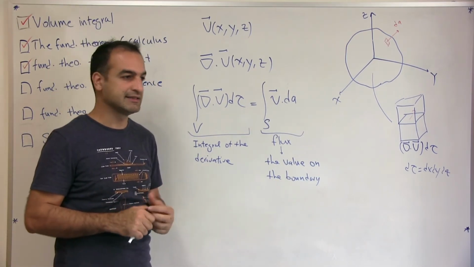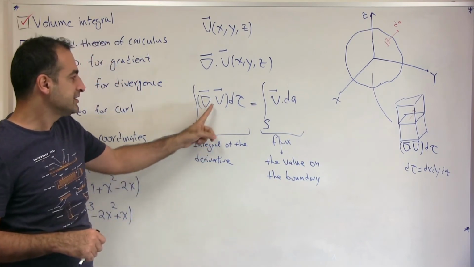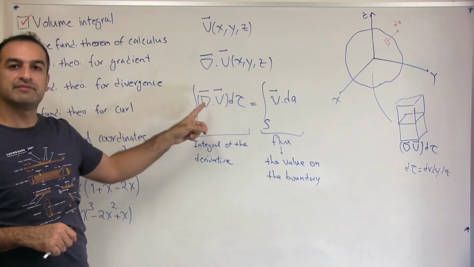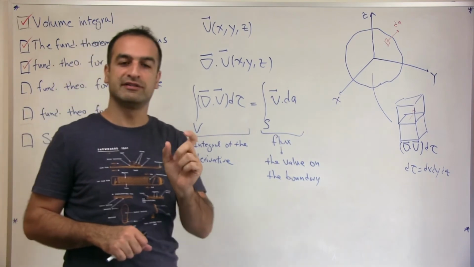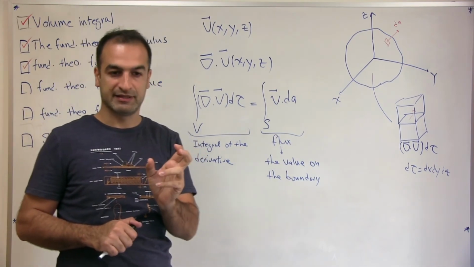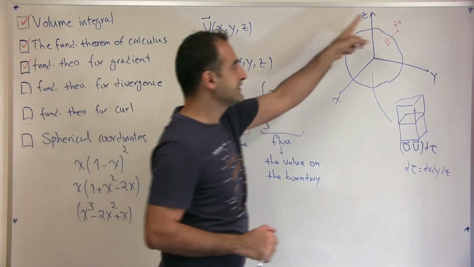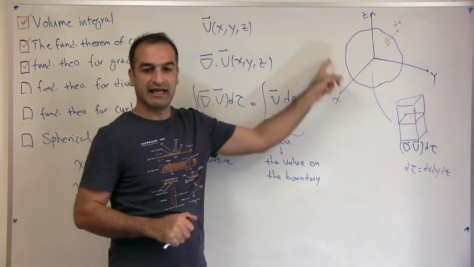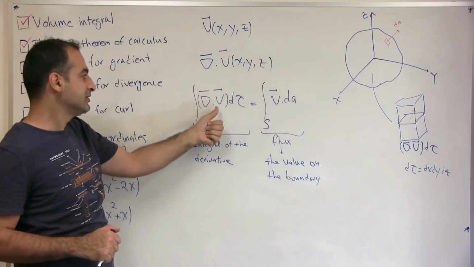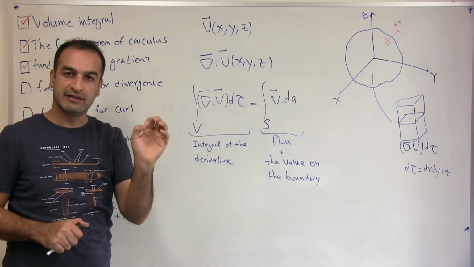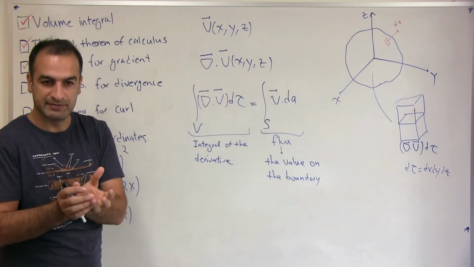In electrostatics, we will see that the divergence of electric field is proportional to the charge distribution, okay, in the space. So if you integrate electric field over the surface of this volume, that integral should be equal to the integral of the electric charge inside that volume, okay?